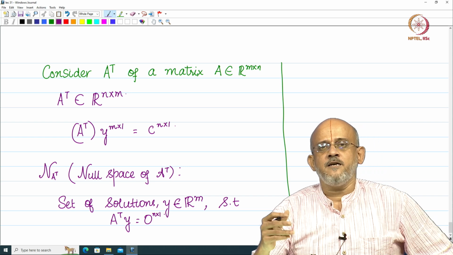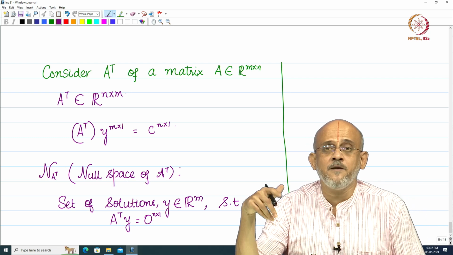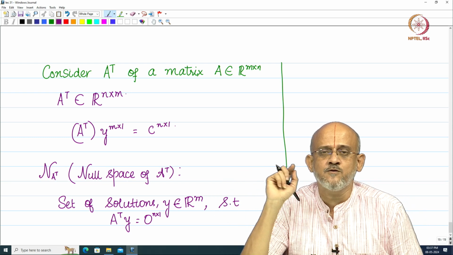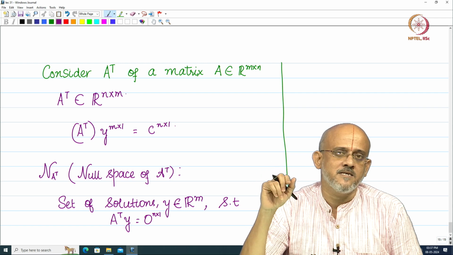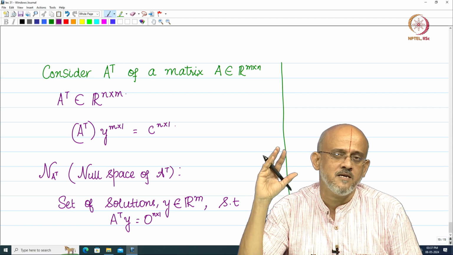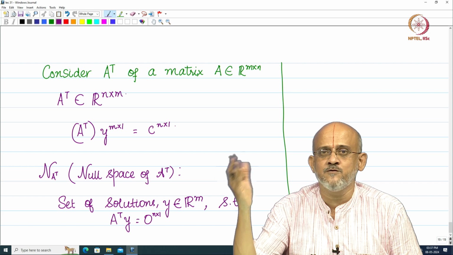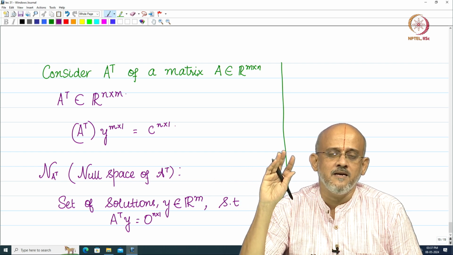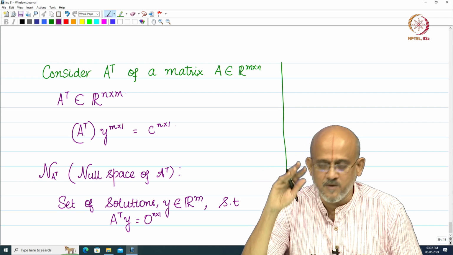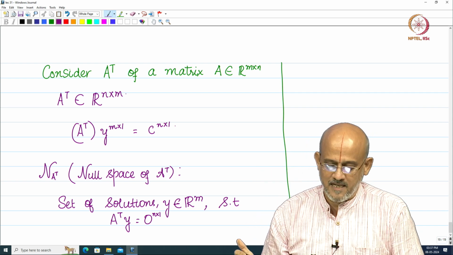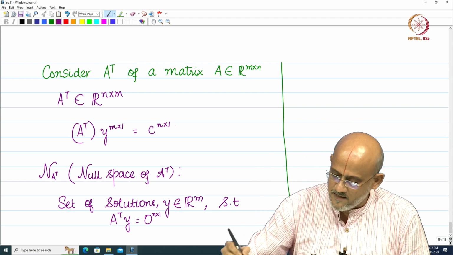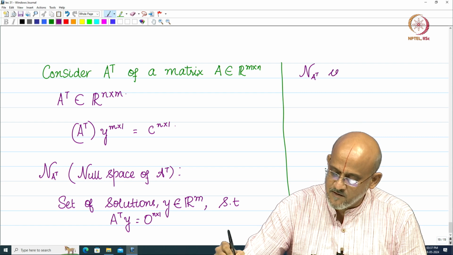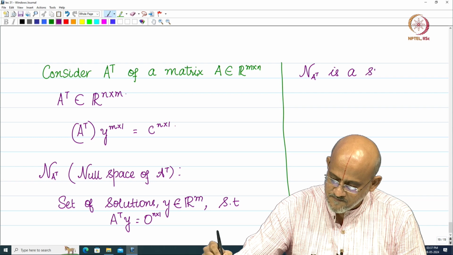That means you are trying to get all those m component vectors y which get mapped to the 0 vector in n dimensions. So you are basically looking for all those m dimensional vectors which get mapped to the n dimensional 0 vector by the action of A transpose. Is that clear? That is what we call the null space of A transpose, and what we note here is that the null space of A transpose is a subspace of Rm.